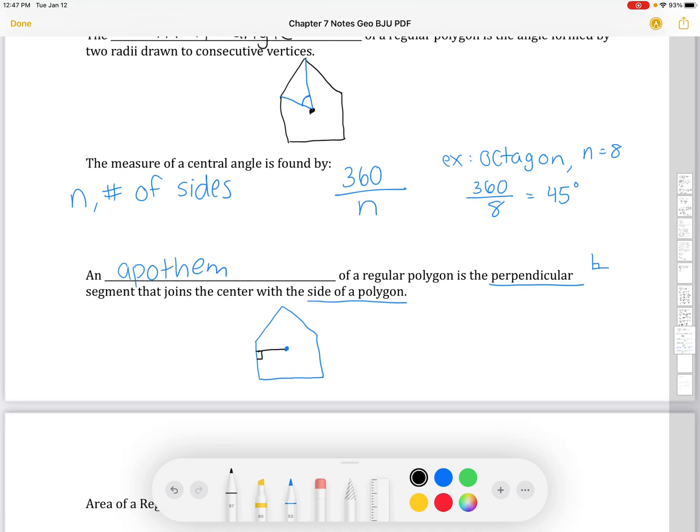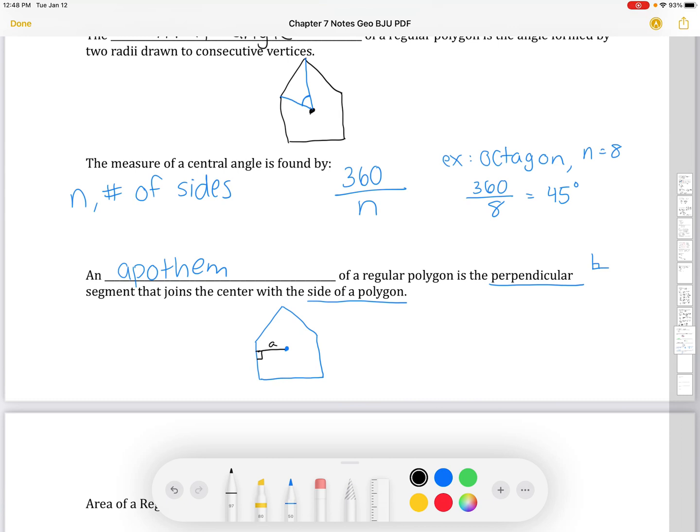So maybe you can kind of see where we're going with this. If we have a central angle and we draw an apothem, we would be cutting that angle in half. We would also be forming a right triangle. We know how to solve for sides of a right triangle using the Pythagorean theorem.